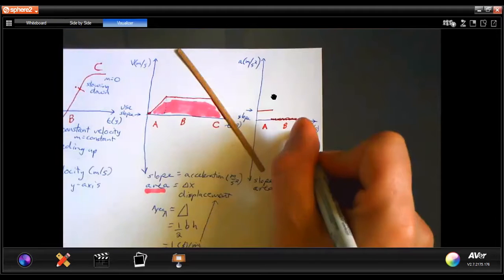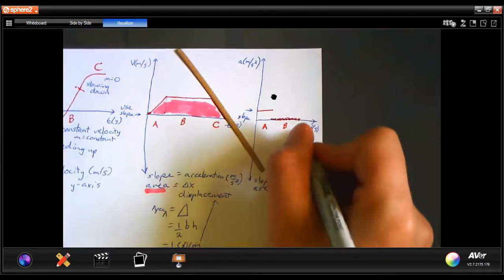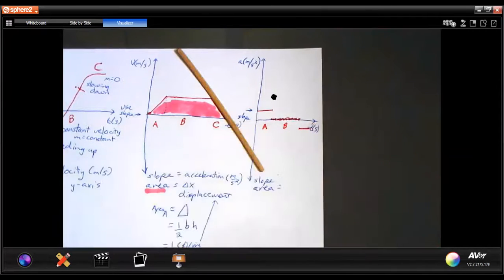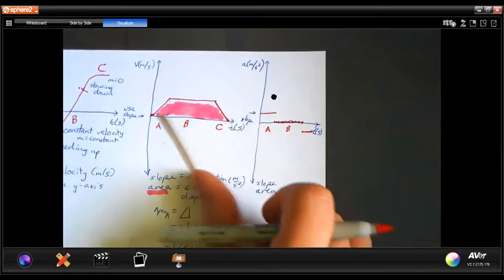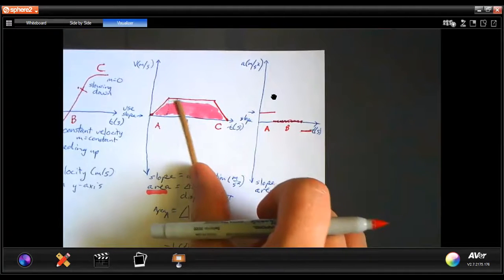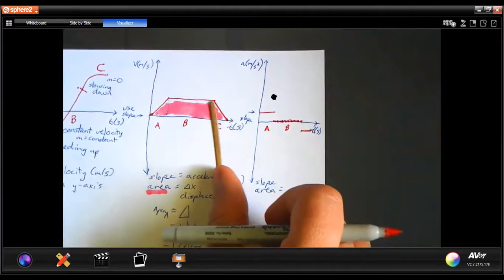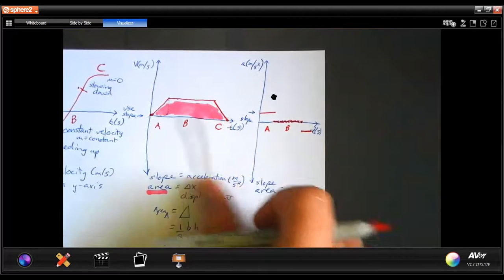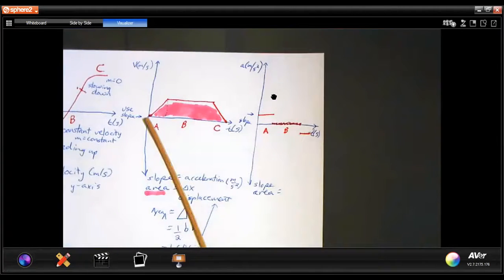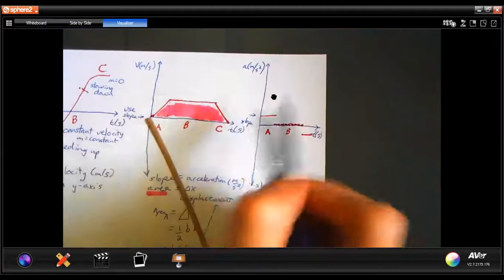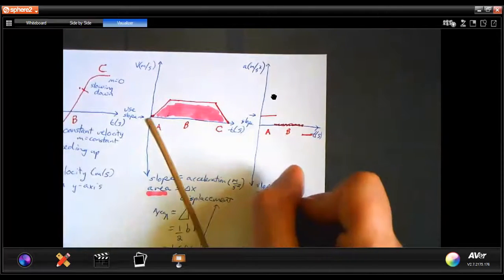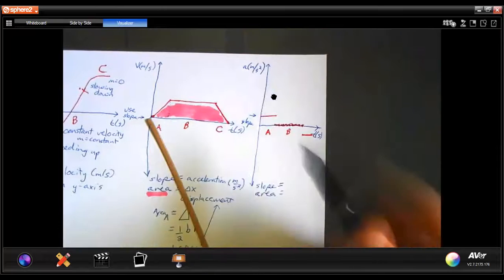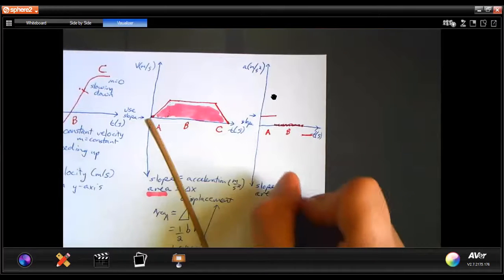So we must have a negative slope. We start with the positive slope. We get flat along here, and we end up with a negative slope. Now, there's important information here, but they won't ask you about an acceleration time graph nearly as much as they'll ask you about a velocity time graph. But the slope is something called jerk.